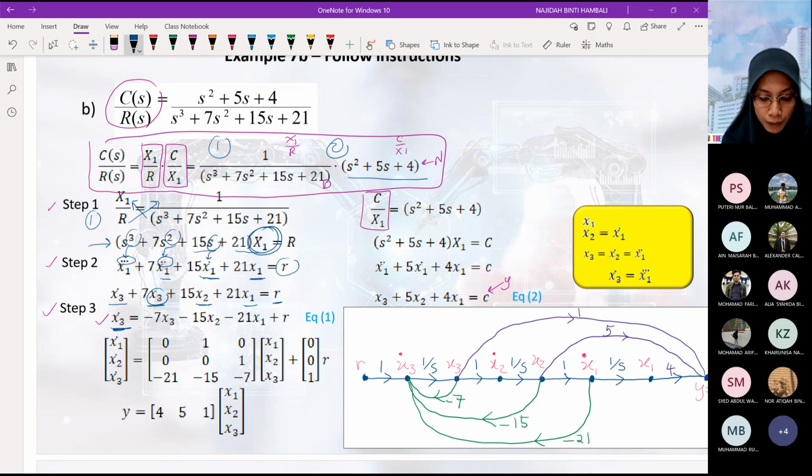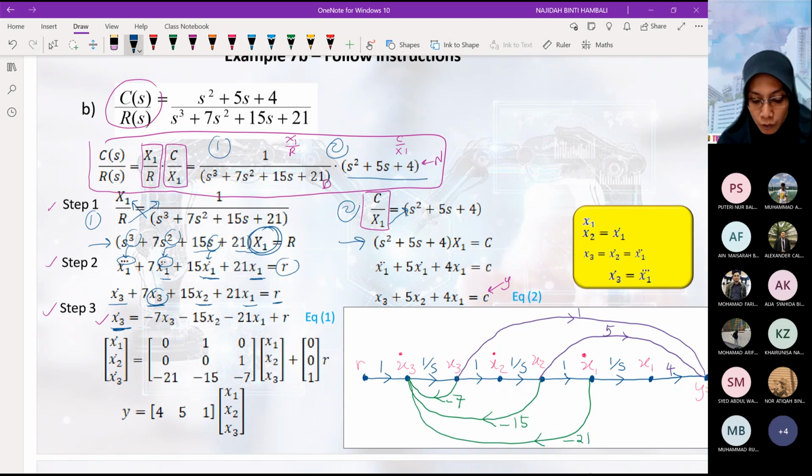Next, let's move to part 2, which is C over x1. For this one, you are actually analyzing the numerator part only. Again apply the first step, cross multiply both transfer functions. In this case, x1 will multiply with the numerator. Then we have this equation. Next, take the inverse Laplace transform. So check again.